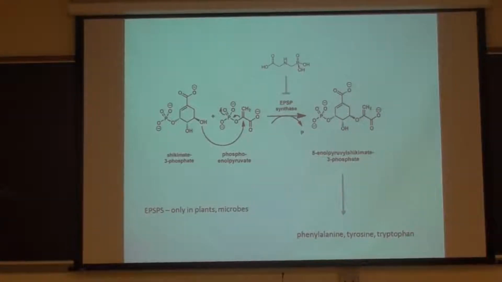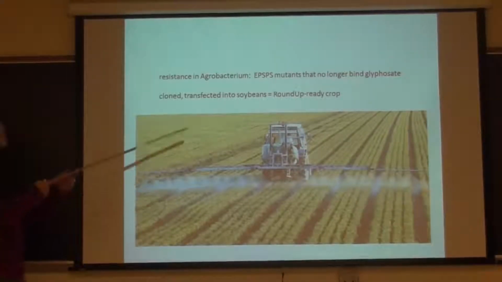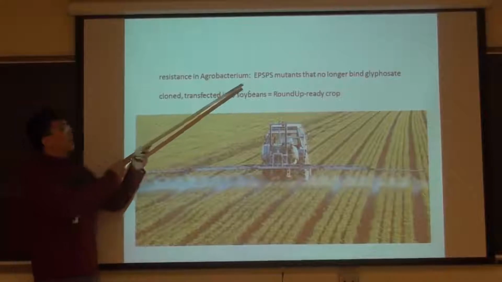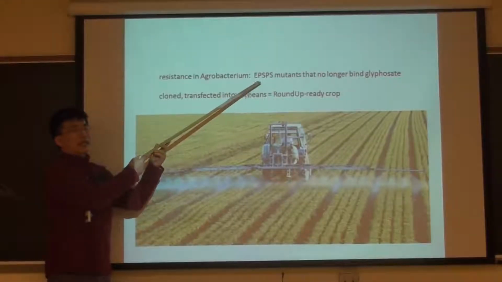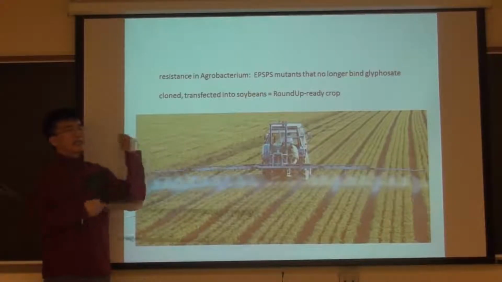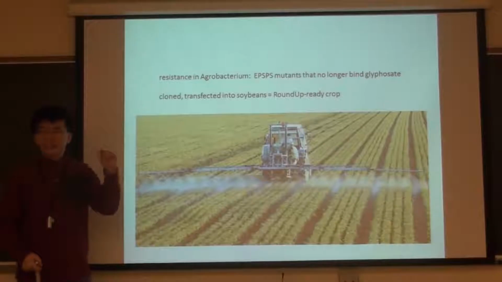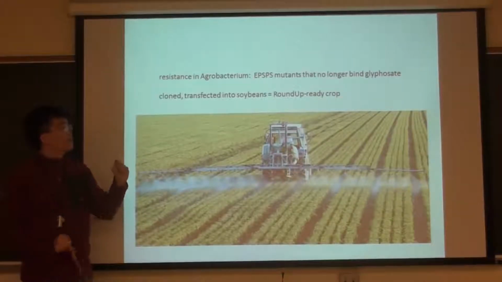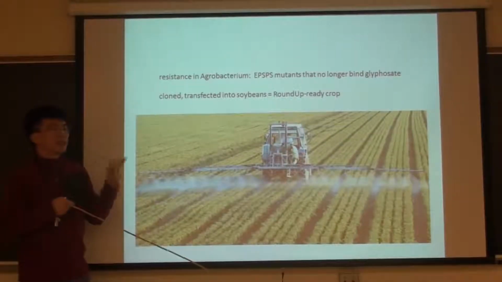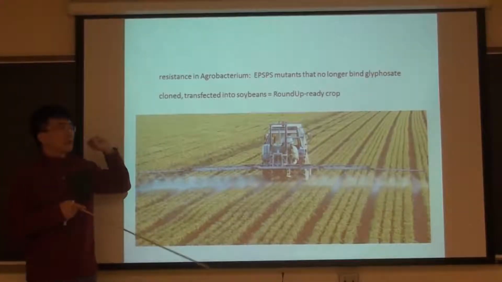Monsanto company discovered that certain bacteria have an enzyme that is insensitive to that drug, so the molecule cannot be used to kill that bacteria. So they took that gene and put it into the soybean.